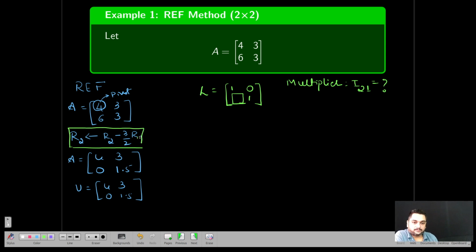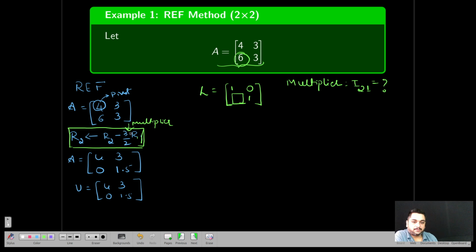This is the multiplier in the main matrix. This is the initial matrix, and this was the element, right? I made it 0. How did I make it 0, using what multiplier? If you observe here, I made this 6 into 0 by multiplying R1 by 3 by 2. So this is my multiplier.